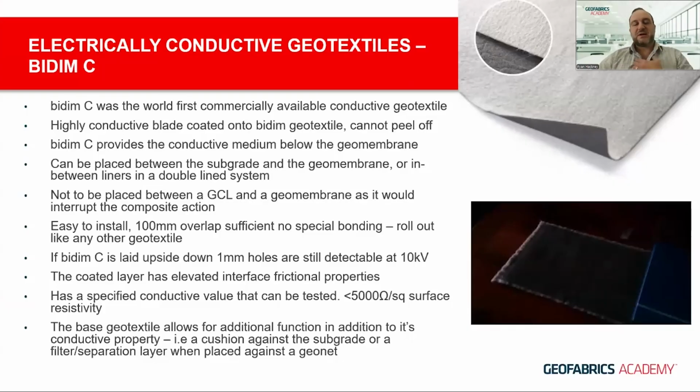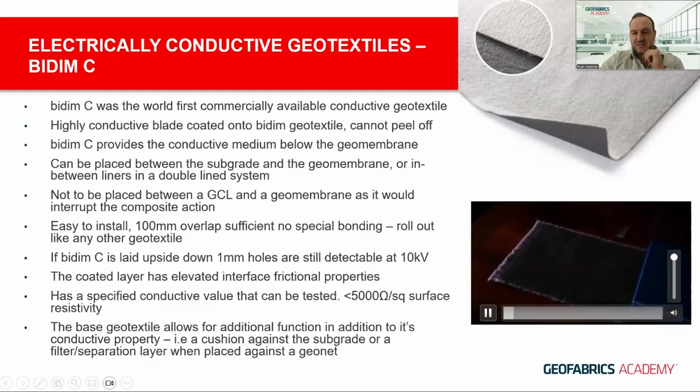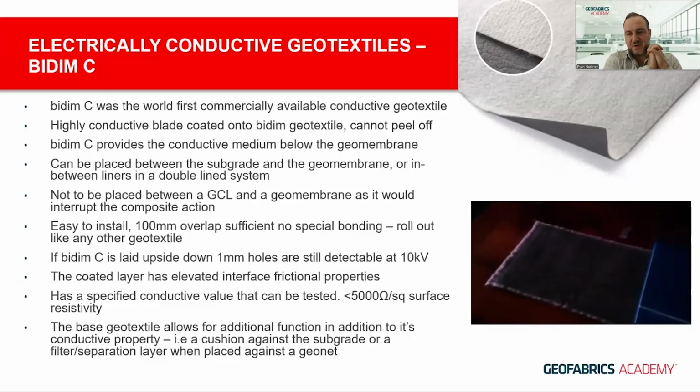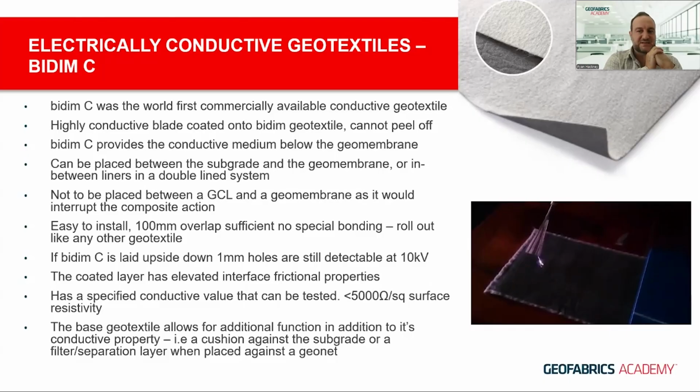Okay, so I'm going to talk a little bit about conductive geotextile. There's a video just playing on the right hand side there. It's just in a dark environment. You can just see that arcing again, how the electricity jumps from the arc tester to the conductive material, and you can see a bit of a circuit within the material itself there.